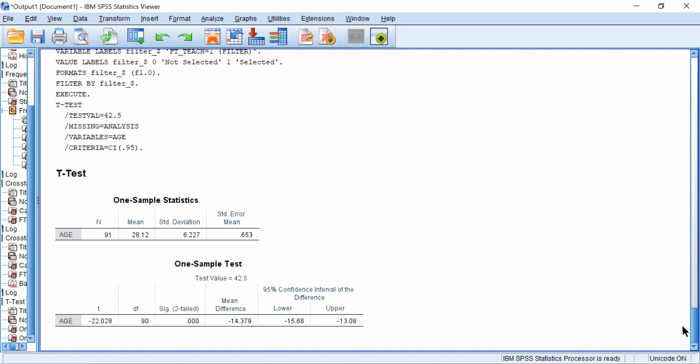T equals -22.03, DF 90, p less than 0.05. That's really overkill for this. It's way overkill, but I just wanted to give you the example of it.